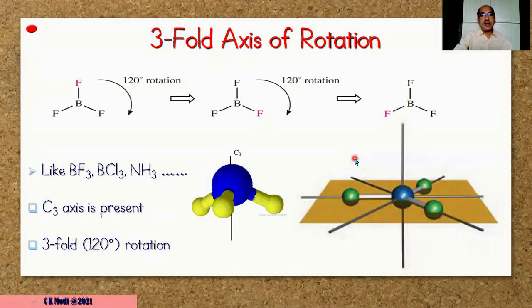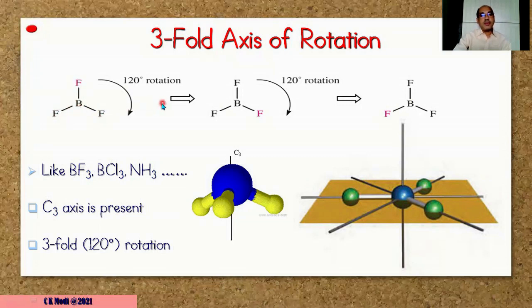Same way, three-fold axis of rotation. Like if we are talking about the trigonal planar structure, like BF3, BCl3. In that case, for example, BF3. So B, boron, is situated at the center, and the three fluorine atoms are at the edges.